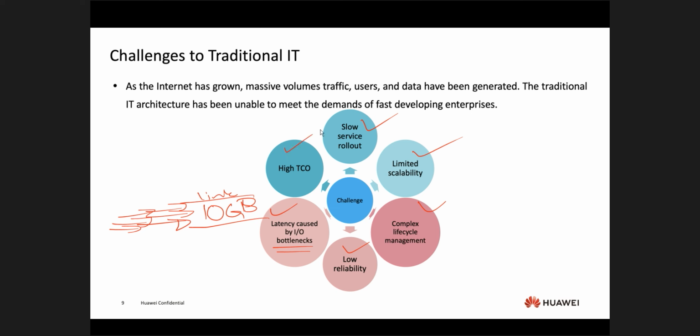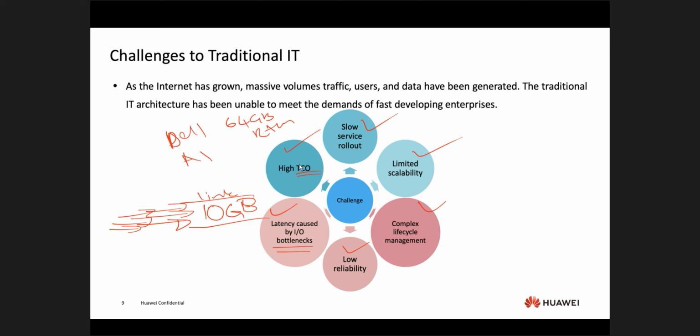And then lastly is the high TCO. What does TCO mean? Total cost of ownership. What it means is that you buy a server today, maybe a Dell, and the Dell spec has 64 gigabyte RAM. Now you need to buy more because you're probably running an AI application on top of it.